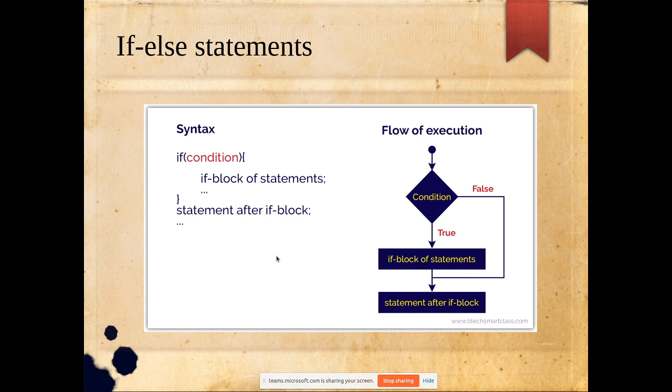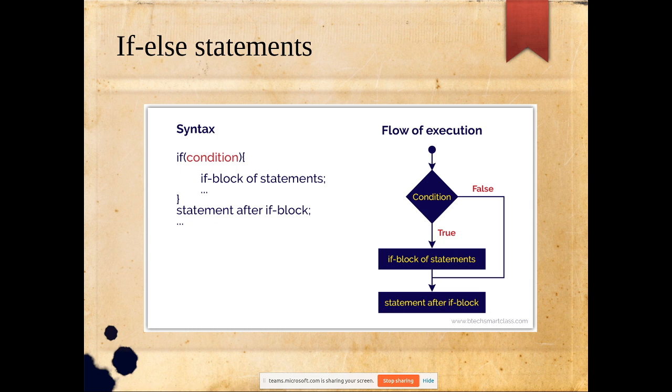Yes, sir. Okay, so the syntax will be a simple if statement, only the if condition, there is no else statement. Inside the left parenthesis and right parenthesis you have to put the condition, is rainy, true or false. If true, it will go inside the if block statements, and after the right brace you can see the statement after the if block.